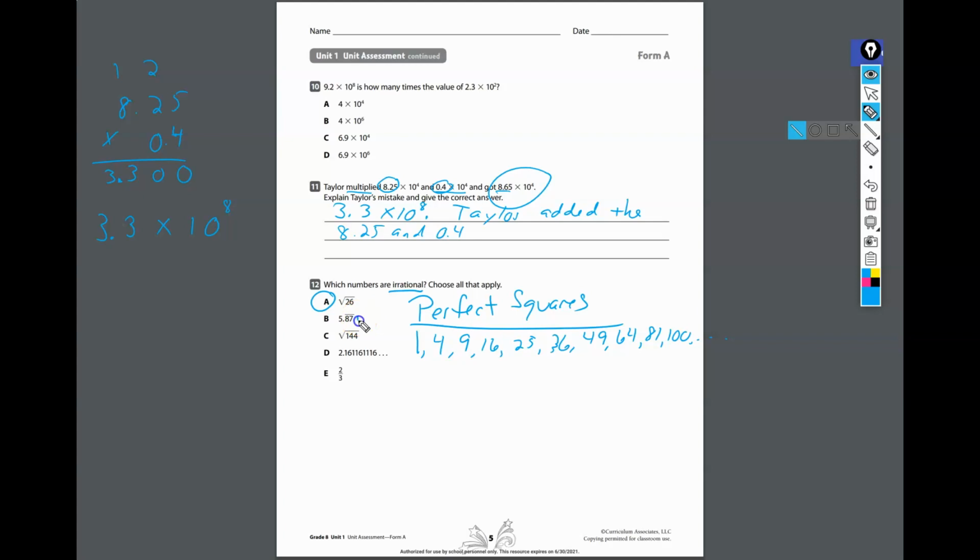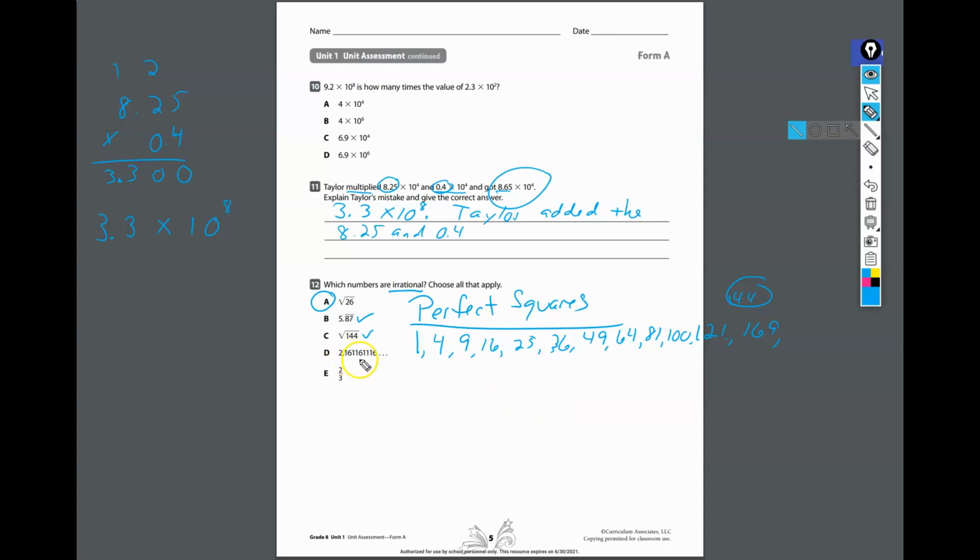So this is rational. 144, if I kept going here, 11 times 11 is 121, 169. And then I just totally skipped over 12, which is actually 144. So that is also a perfect square because 12 times 12 gives us 144.